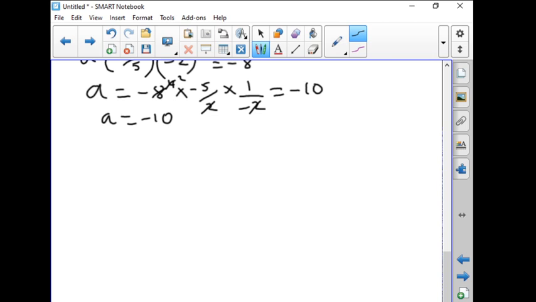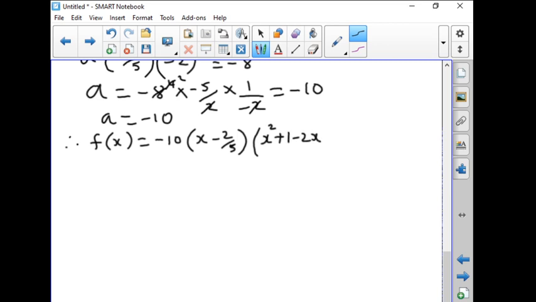So what is f of x now? Therefore f of x is equal to minus 10 into x minus 2 by 5 into x minus 1 the whole square, which is x square plus 1 minus 2x, minus 3.